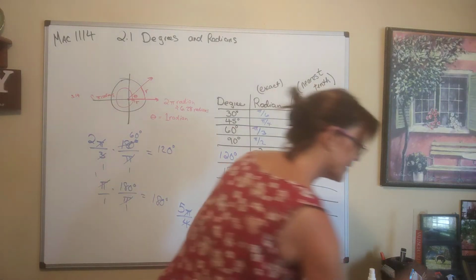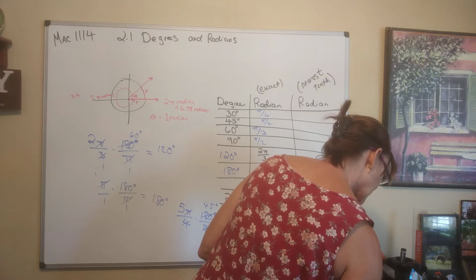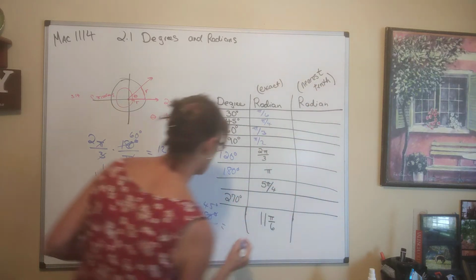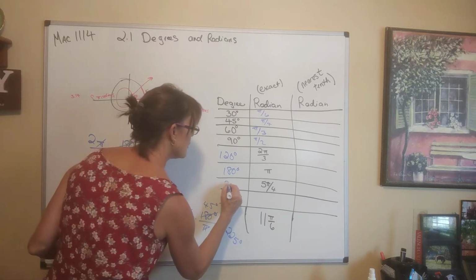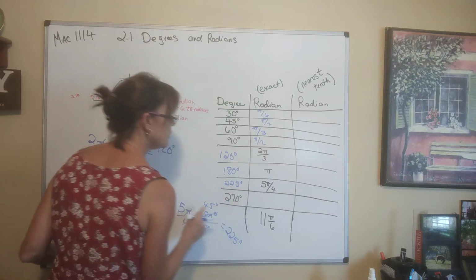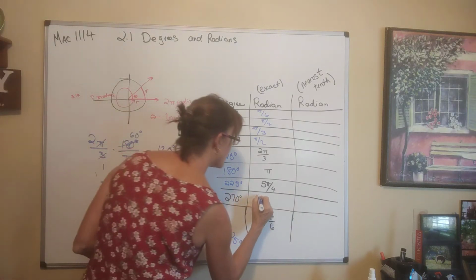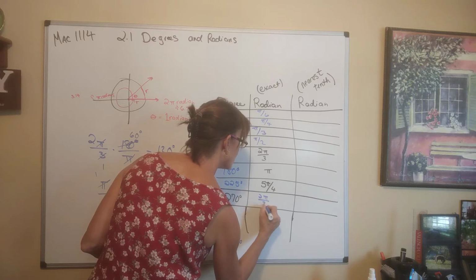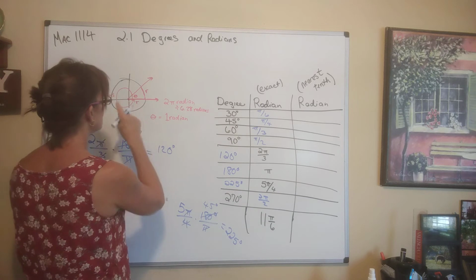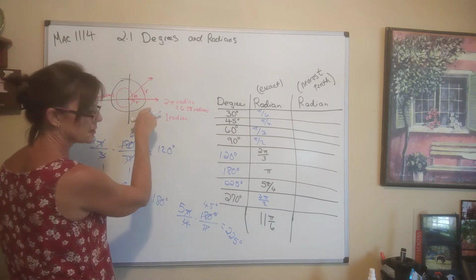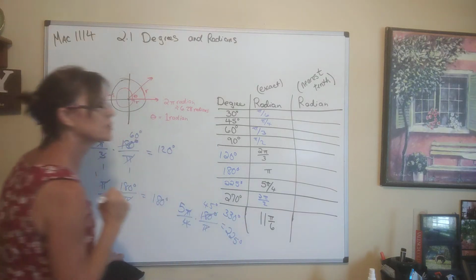Let me double check with my calculator to make sure. 45 times 5 is 225 degrees. I thought that was not right. 225 degrees. When you convert 270 degrees to radians, you get 3 pi over 2. When you convert 11 pi over 6 to degrees, you get 330 degrees.